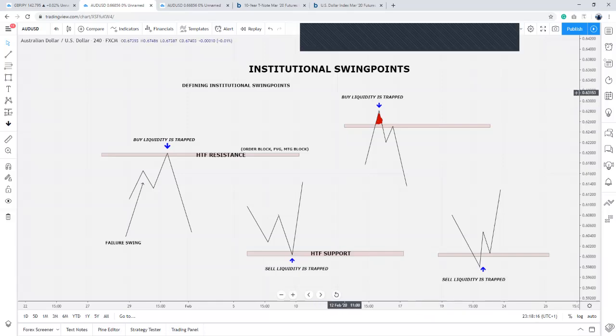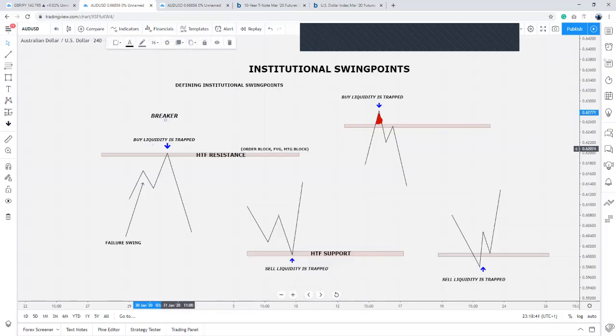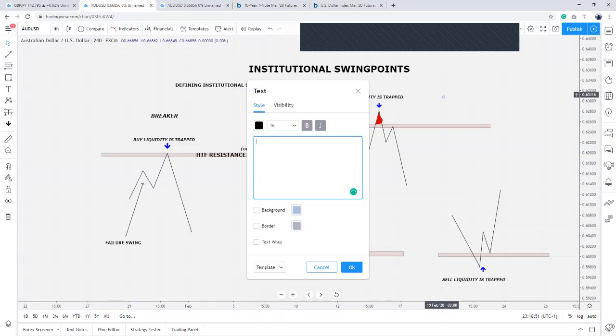But when we're defining market turning points from an institutional standpoint, there are basically only two ways the market reverses from a level. We have the breaker, which is what you see here for the sell side, the buy-sell reversal and then the buy reversal. And then we have the failure swing.